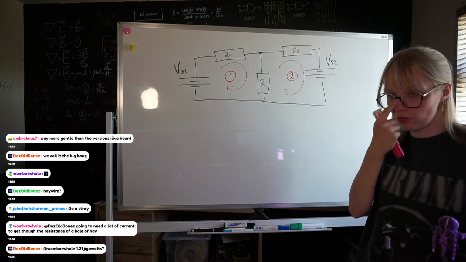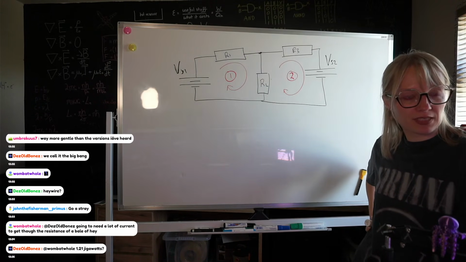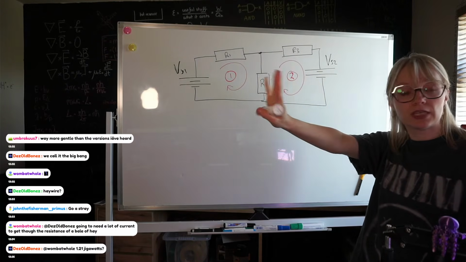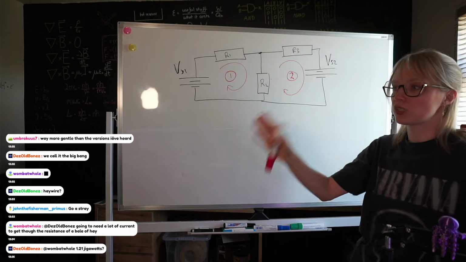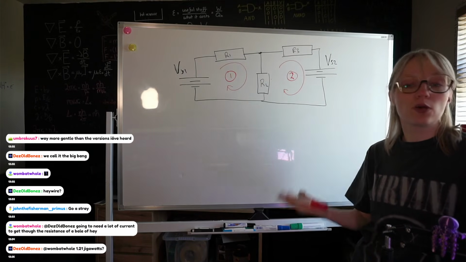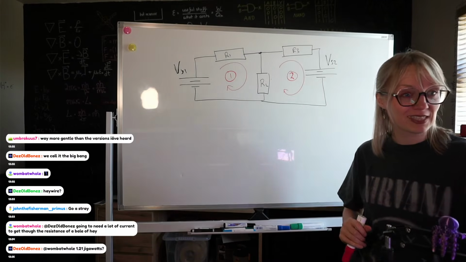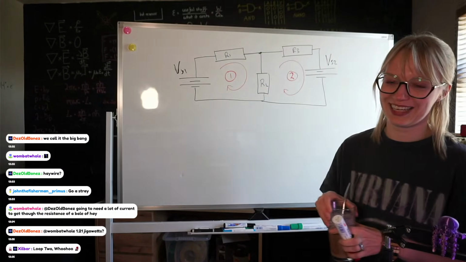Doesn't seem too controversial, I hope. Are we in agreement? You might say, well, actually current is going in this way. It doesn't matter. We've taken that this direction is going to be positive, and if the flow is in the opposite direction, our answer is just going to be negative. Classic physics again. So hopefully we're aware of that. Loop 2!